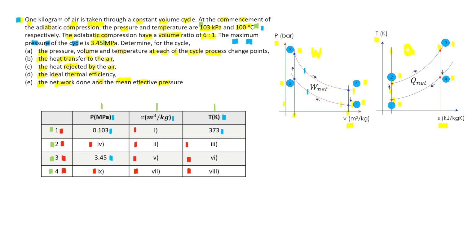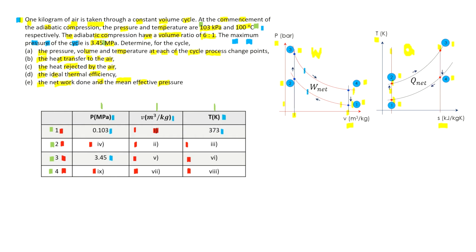As we know from the diagram, point 1 to 2 is isentropic, then point 3 to 4 is also an isentropic process. So you can call this 1 to 2 here as an isentropic process, 3 to 4 as an isentropic process. So when you refer to the first row, as you can see, the part 1 here is unknown.